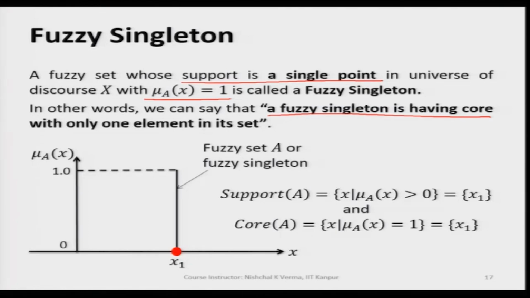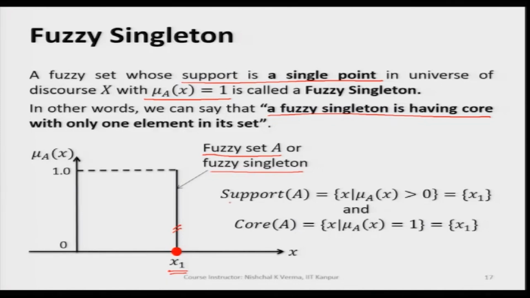So, the support is a single value and the core is also a single value. If the support is a single value, it should have its mu equal to 1. So, if we have a fuzzy set A which is a fuzzy singleton, the support will be only one value, which is x1, and at this x1 we have the corresponding membership value 1.